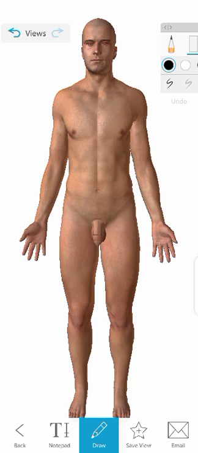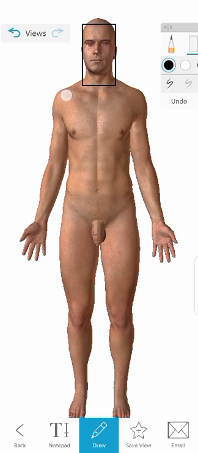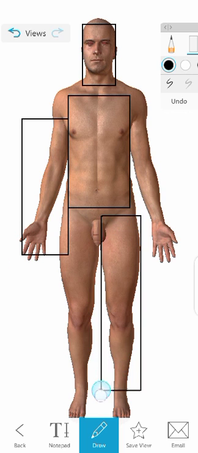So we have before us a model of the human body. This is a male model, and then we will zoom right into it. So the human body is primarily divided into three parts: the head and neck, the trunk, and then the limbs. The limbs are divided into the upper and lower limbs. So the head and neck is basically the part within this first box. The trunk is also basically the parts here, and then the limbs comprising the upper limb and then the lower limb.